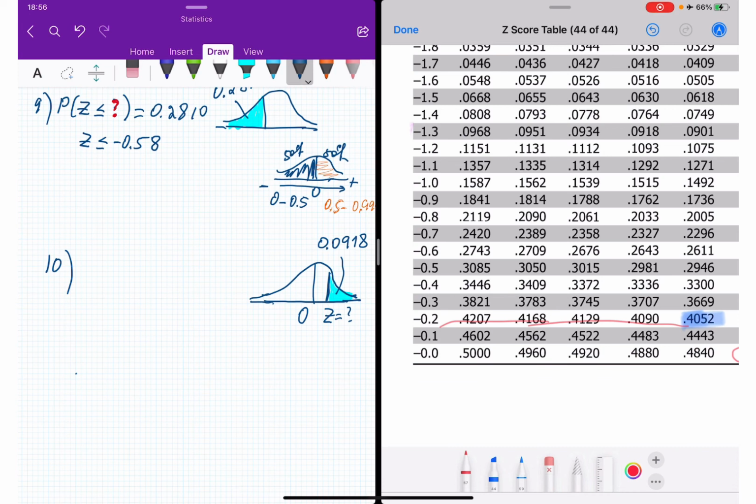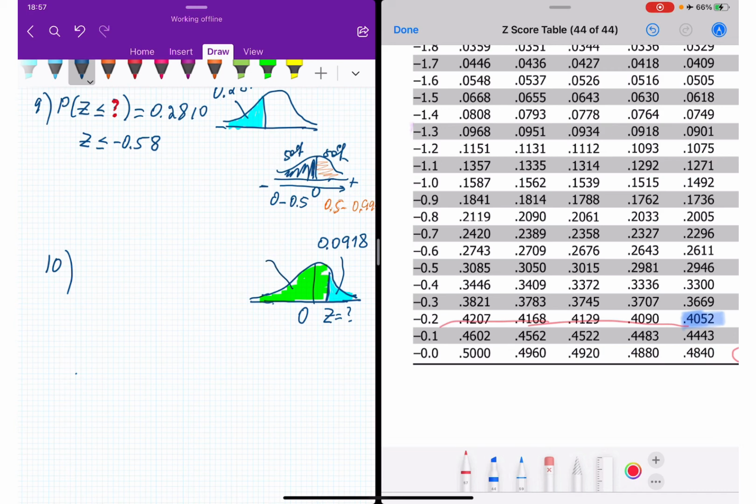So, to find the z-score, we have to get the area to the left, right? Because the table shows area to the left. So this area, how much is it going to be?